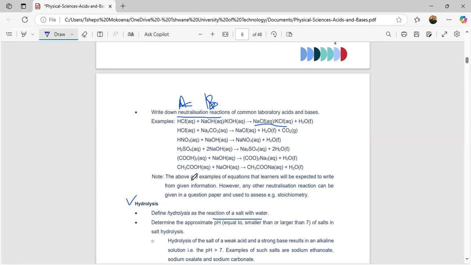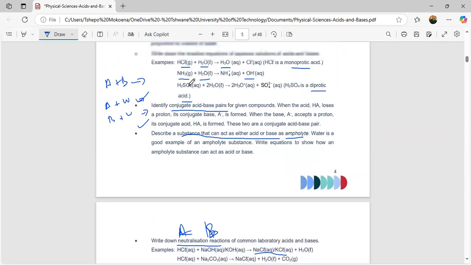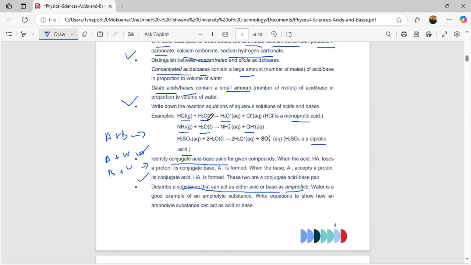Now, here's the thing. When an acid reacts with water, the solution will be acidic. When a base reacts with water, the solution will be basic.